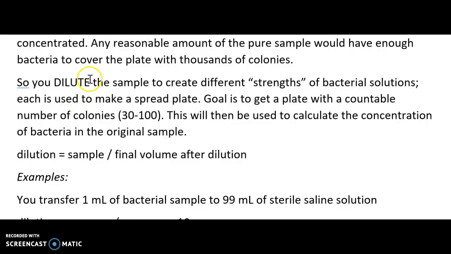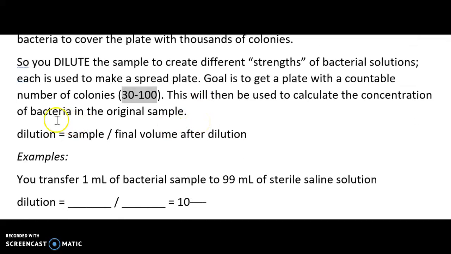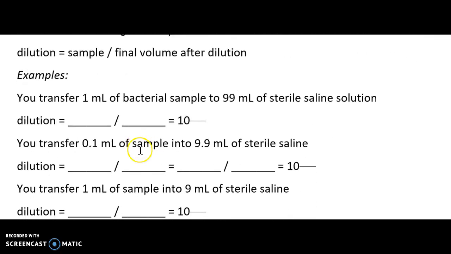So we dilute the sample to create different strengths of solutions, and then we make a series of spread plates, and the goal is to get at least one plate with a countable number of colonies. 30 to 100 is ideal, and then we can calculate the concentration of bacteria that were in that original sample.